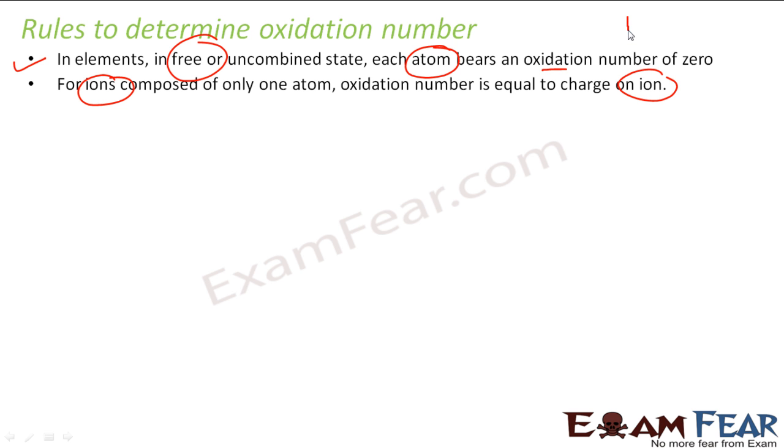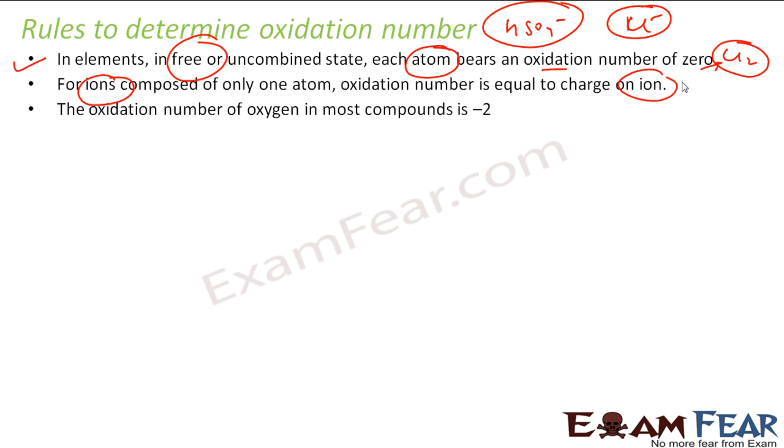For example, I have Cl minus ion, so the oxidation number is -1. I have HSO4 minus ion, so the total oxidation state is -1, right? For Cl2, the oxidation number is 0. Correct. The oxidation number of oxygen in most cases is -2.